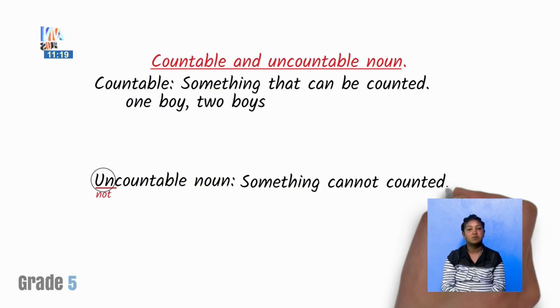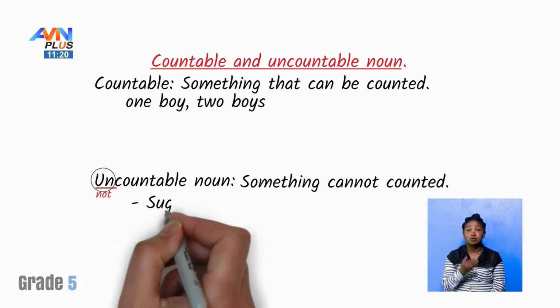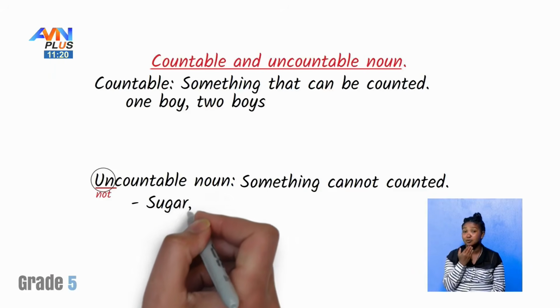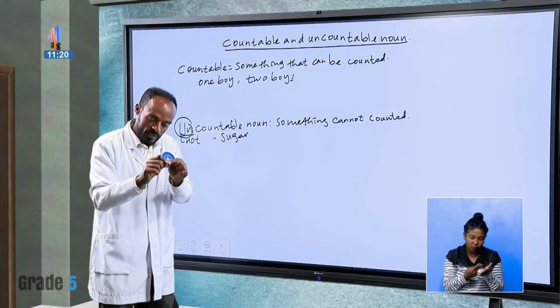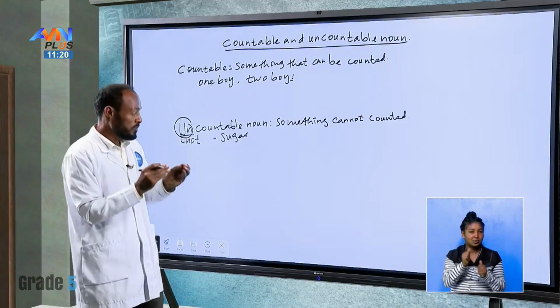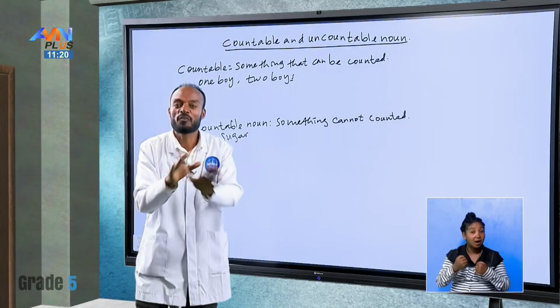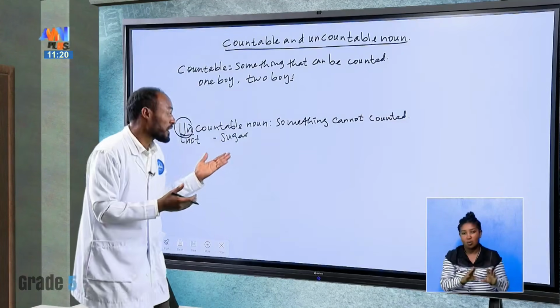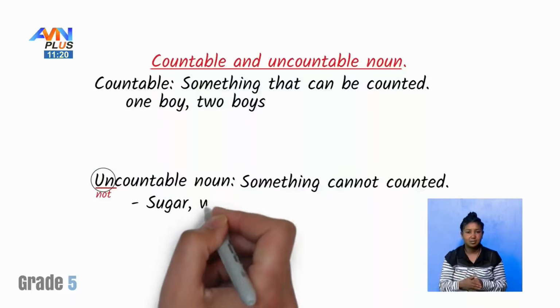For example, sugar. When we say sugar, this one is uncountable. Can we count one sugar, two sugar, and three sugar? It's impossible. So, an uncountable noun doesn't have a plural form. We cannot say sugars. Another, water.